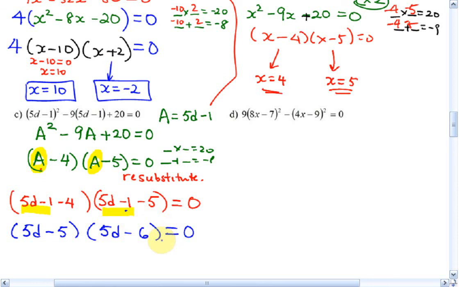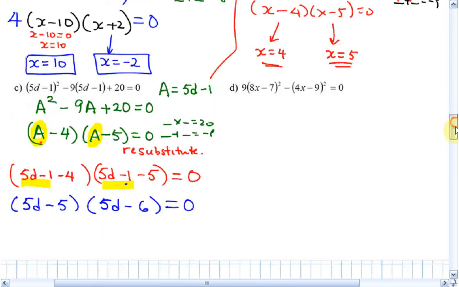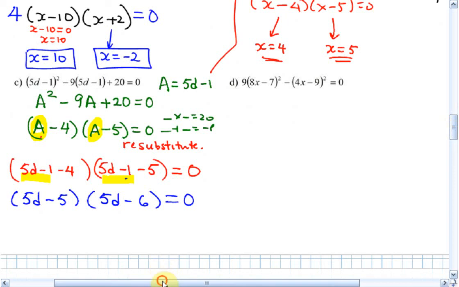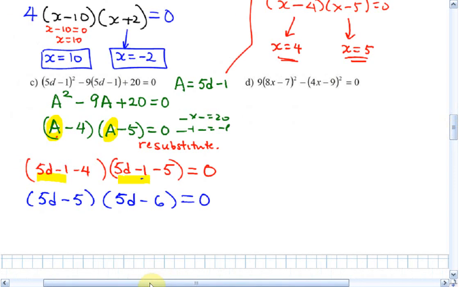You actually can factor just even a little bit more. Can someone see where I can factor out just a little bit more? 5. The 5 from the first bracket? Yes. So if you wanted to make it even nicer, factor out a 5. What's left over? d minus 1.